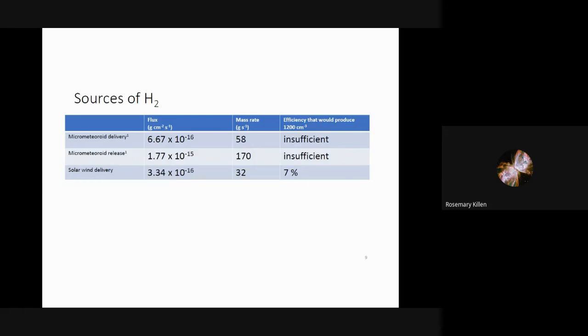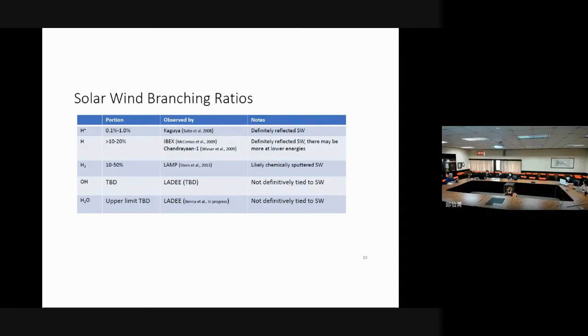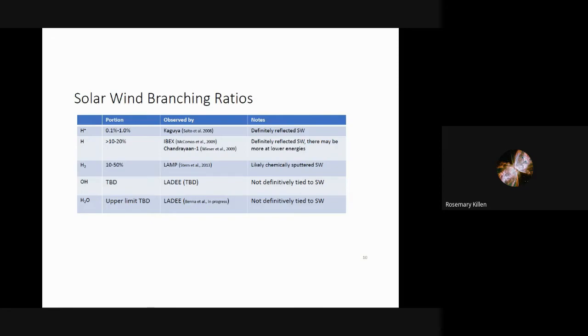And she claimed that only solar wind delivery would be sufficient. Next slide. And this is just the different branching ratios for the solar wind.